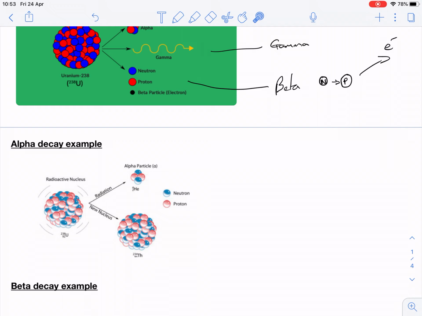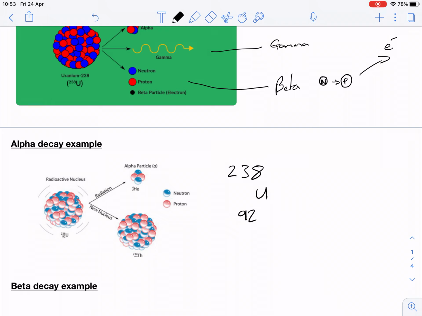Here we've got uranium-238 with atomic number 92. Because alpha decay has occurred, we have to take 4 from the mass number and 2 from the bottom number.